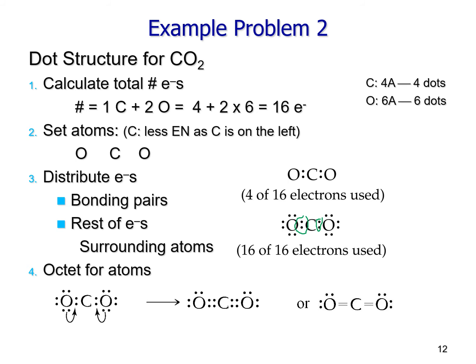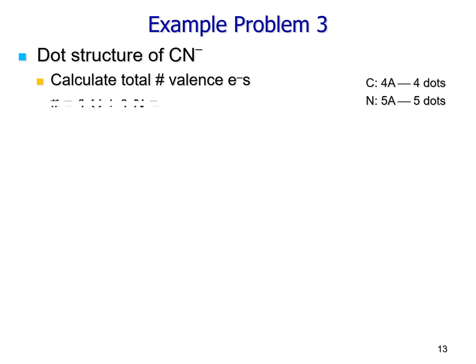Before we leave, I'd like to discuss a little bit more of these Lewis dot structures with an anion, a polyatomic anion, because I want you guys to realize how we're going to add some extra electrons. As we calculate the total number of valence electrons to begin with, carbon 4 dots, nitrogen 5 dots, because nitrogen is group 5A, 1 times 4 plus 1 times 5.